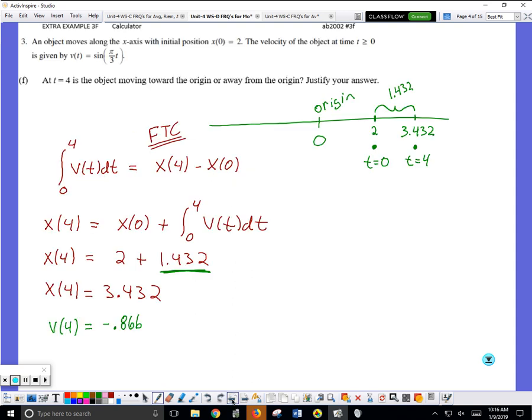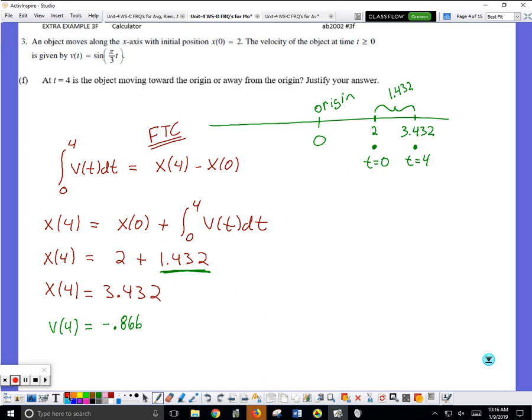So now we know that the particle is sitting right here, and at that moment the particle has a negative velocity, hence the particle is moving towards the origin. So to get full credit on this problem, you must show this work so the grader can see how you figured out the position. You don't have to write the velocity again because you already did it in the earlier part.